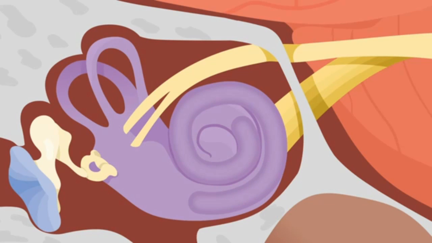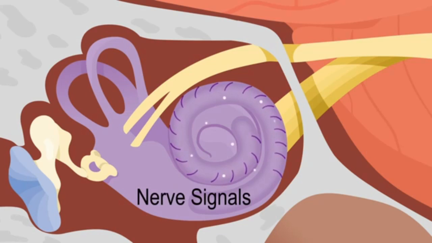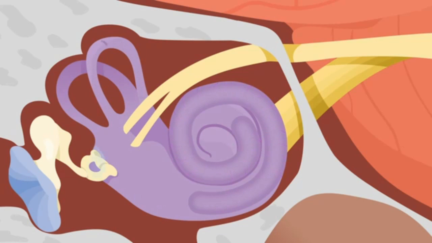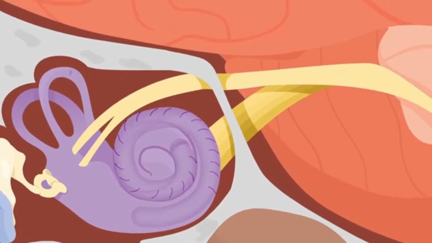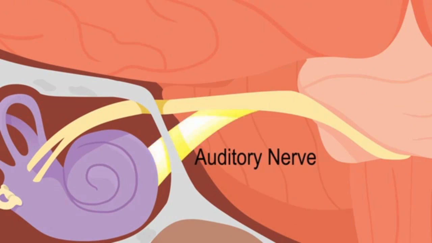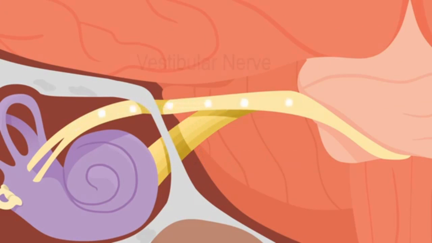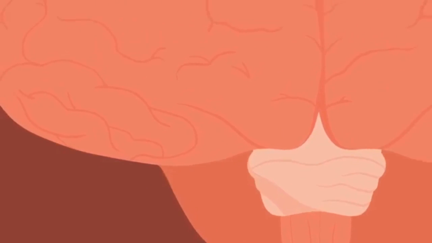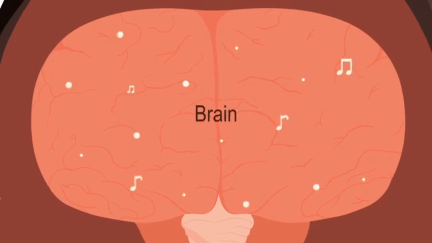The moving fluid causes hair cells to make nerve signals about sound. Semicircular canals also use moving fluid to create nerve signals that help with balance. Then, the signals from the cochlea travel along the auditory nerve. Signals from the semicircular canals go along the vestibular nerve. These two nerves come together and lead to the brain. There, the brain decodes the signals to get information about sound and balance.